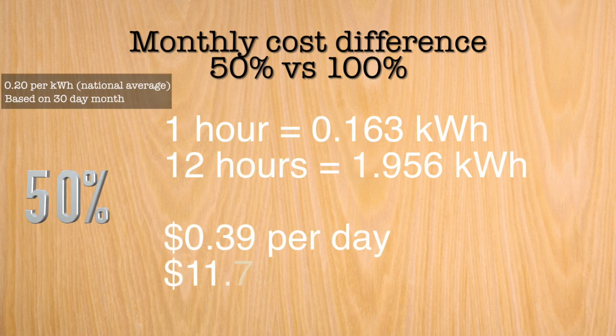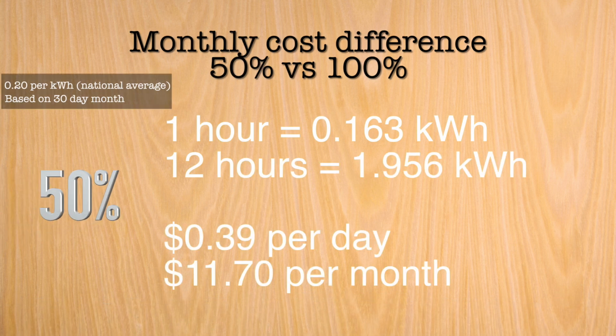I also wanted to look at the flowering schedule, which is 12 hours. So here again, at 50%, we have the same kilowatt per hour, but at 12 hours, 1.956, which came to 39 cents per day, or $11.70 per month to run that grow light at 50% for 12 hours.